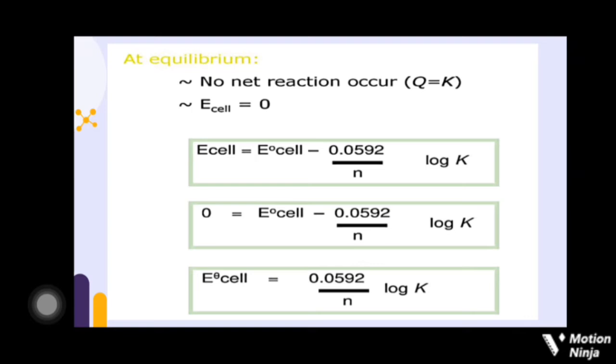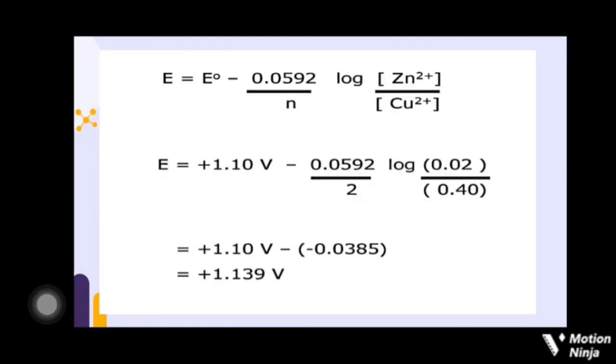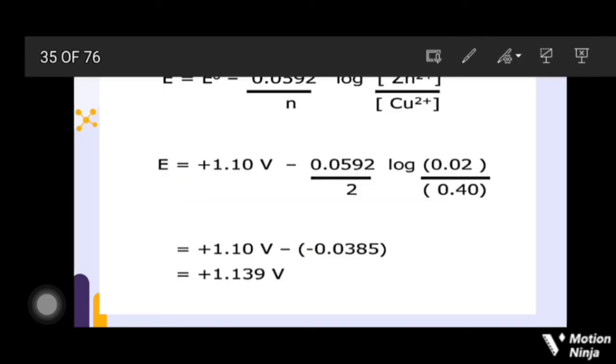So for you to calculate this, you need to calculate first the log of the reaction quotient, which is the log of 0.02 divided by 0.040.